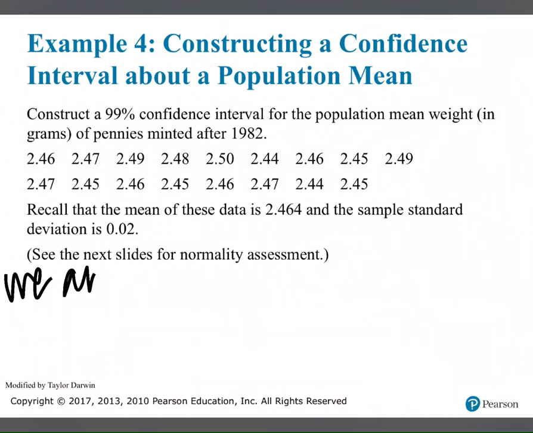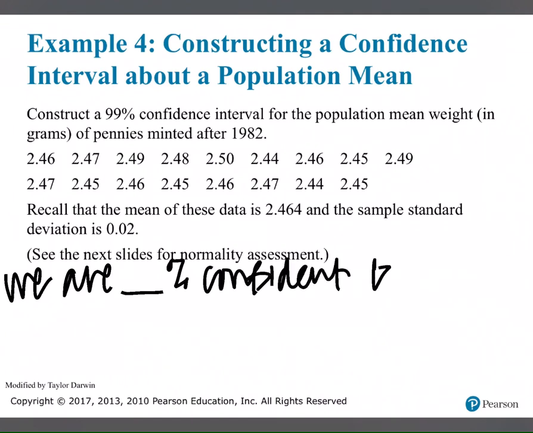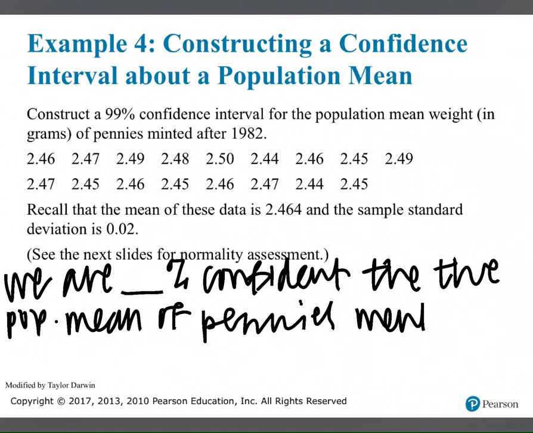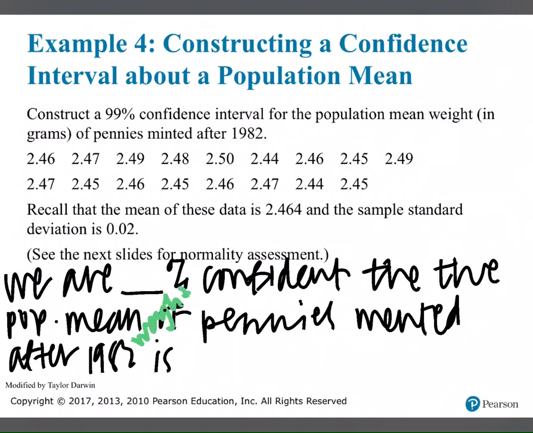We are blank % confident the true population mean of whatever we're talking about, pennies minted after 1982 is between, we were talking about the mean weight of pennies minted after 1982 is between, and then you put your answer.